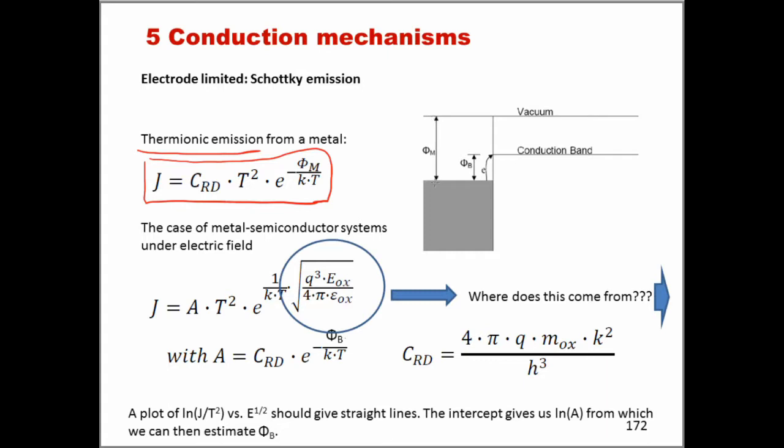So it's the energy required for an electron on that metal to effectively become free from the metal. So it is emitted from the metal into the vacuum. So this is what we call thermionic emission.